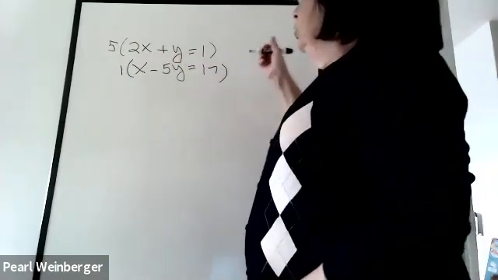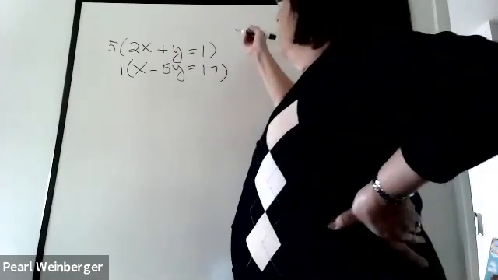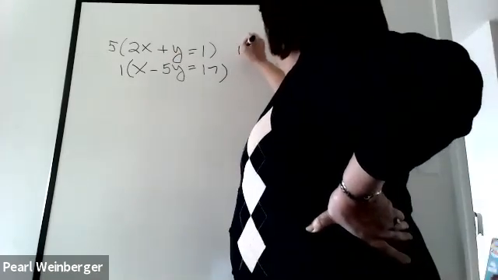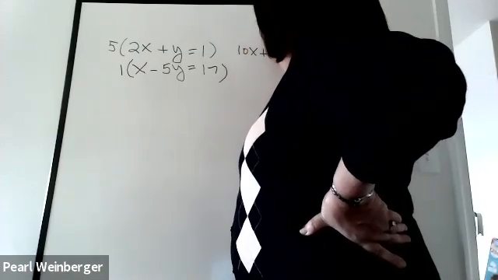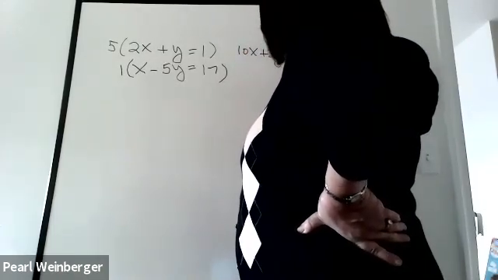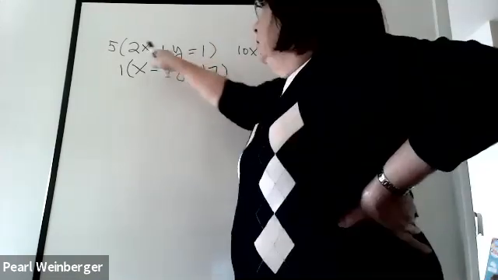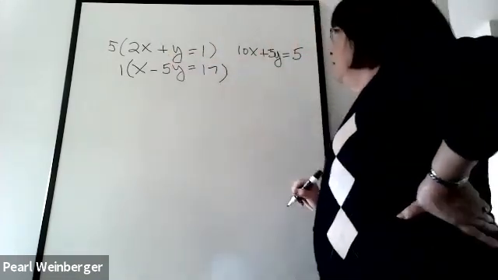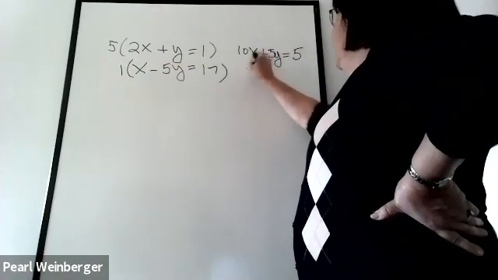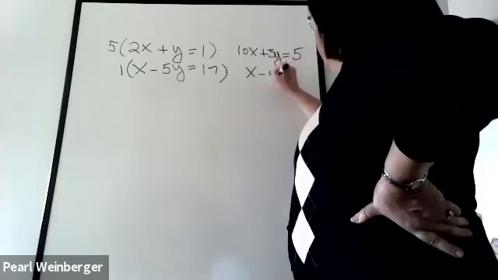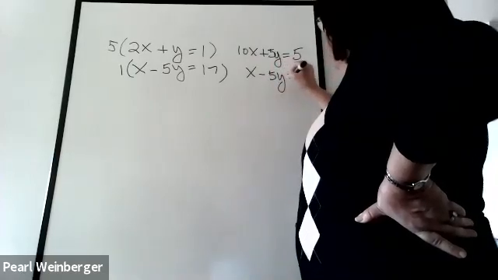Multiplying the top equation by 5 will give me 10x plus 5y equals 5. Don't forget, every single term multiplied by 5. The bottom equation stays x minus 5y equals 17.